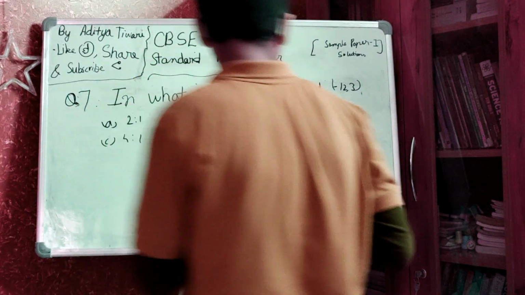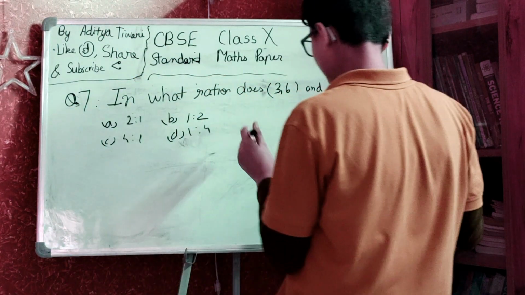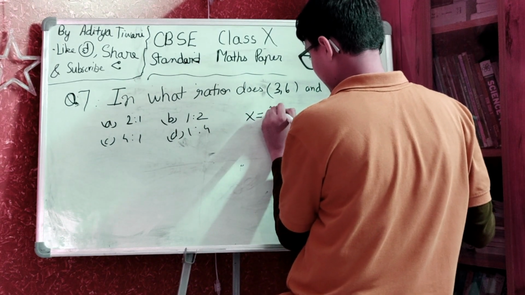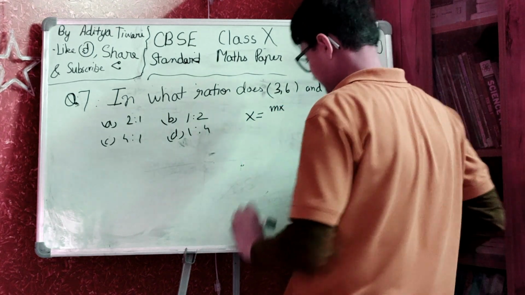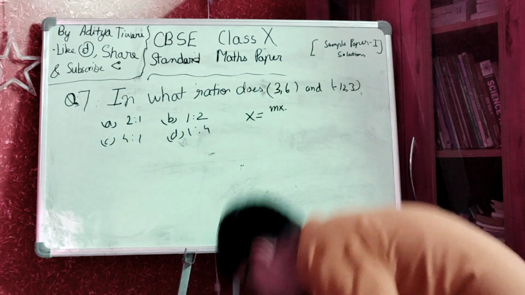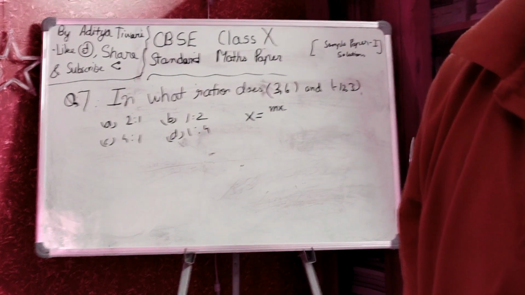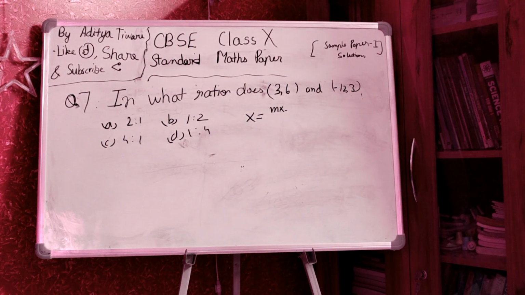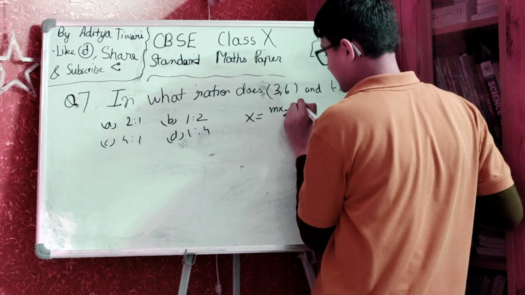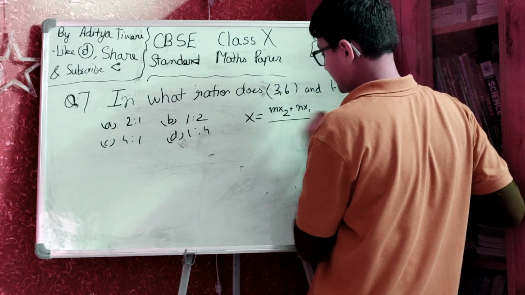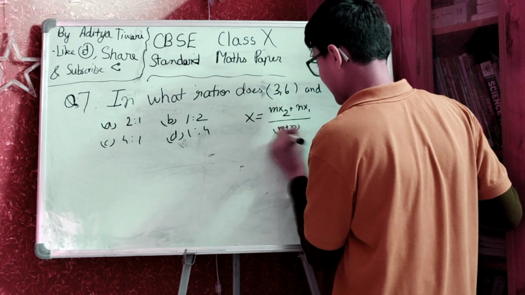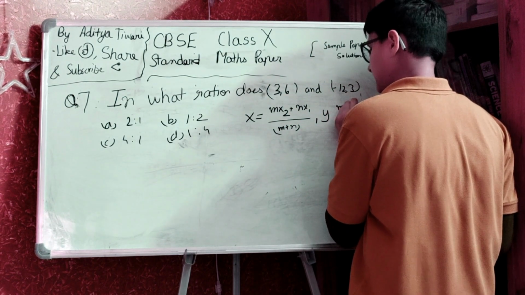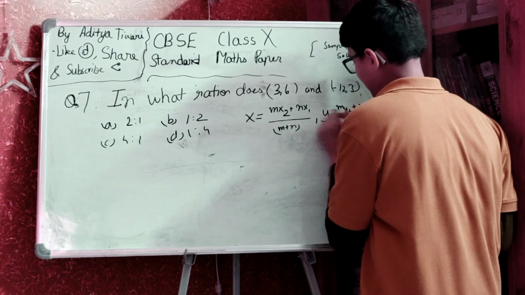Okay. So the formula for the section formula, not the midpoint, sorry, is x is equal to mx2 plus nx1 divided by m plus n, and y is equal to my2 plus ny1 divided by m plus n.